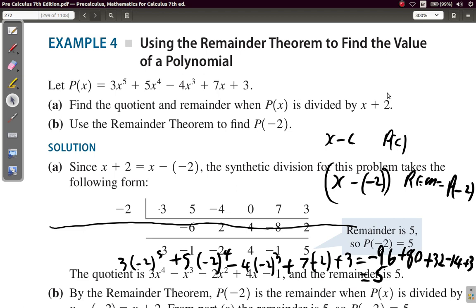If you're asked to use the remainder theorem to find the remainder when it is divided by x plus 2, that means you're not supposed to divide. Don't do it using the division. What you do is substitute negative 2 for x. Alright?